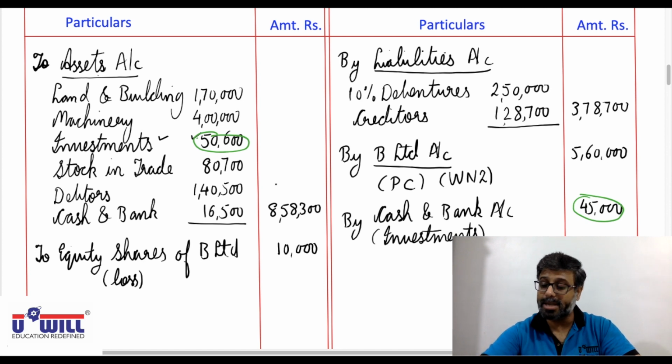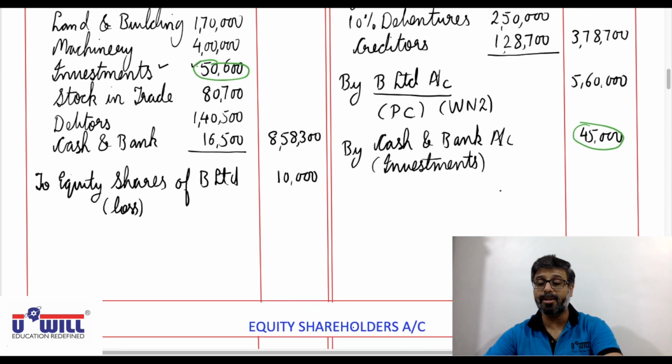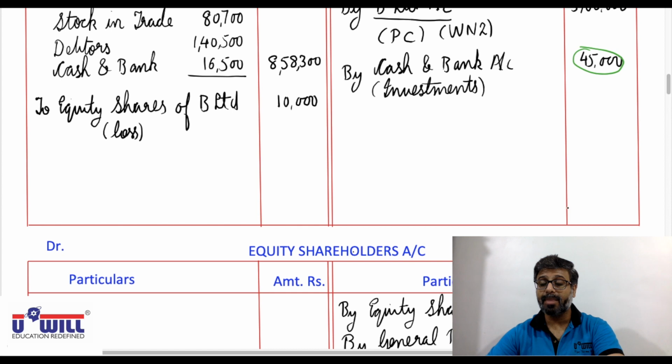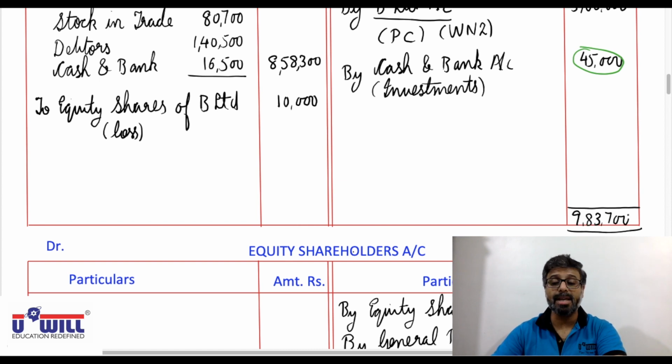So first do the credit side total: 3,78,700 plus 5,60,000 plus 45,000, which comes to 9,83,700. Write it on both sides.